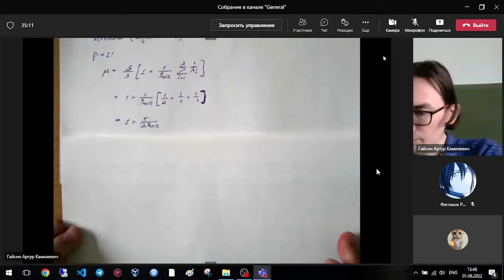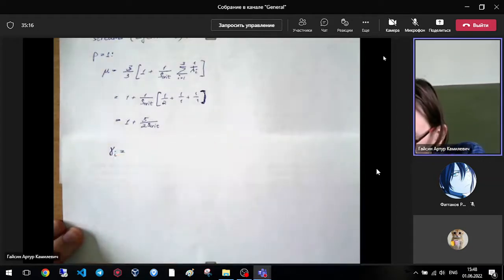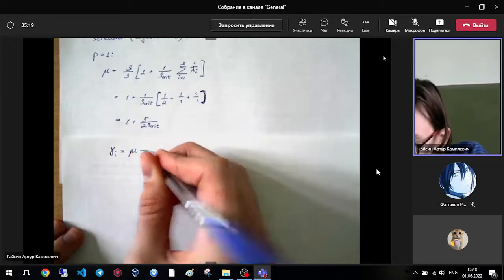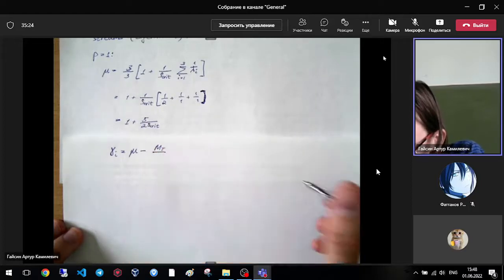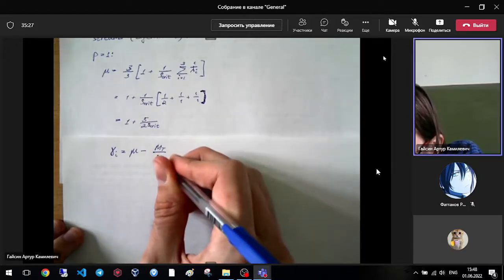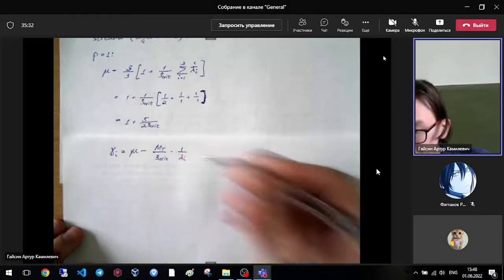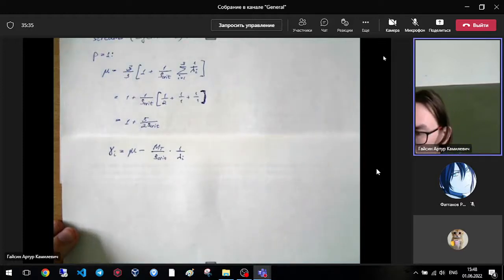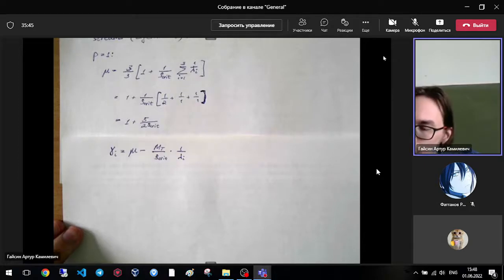Let's write gamma I should be equal to this mu minus number of transmit antennas divided by rho critical, and multiply it by 1 divided by lambda I. So next, I think we can write three equations, but let's see.